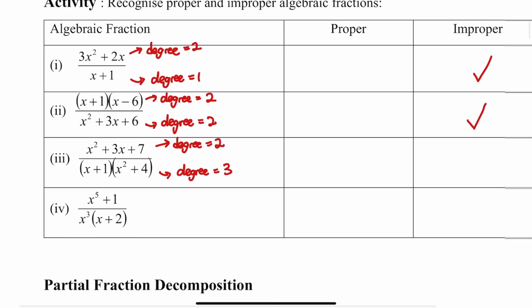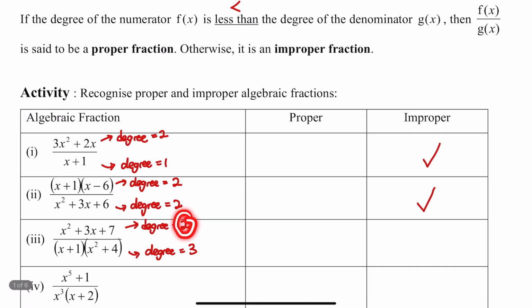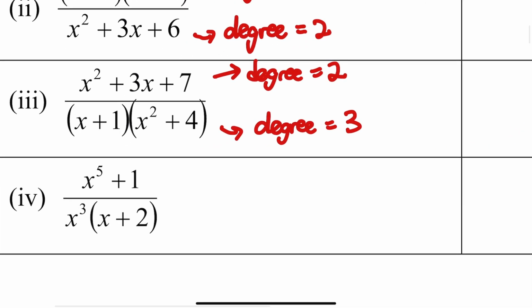So I analyze again. I notice that the degree of the numerator now is less than the degree of the denominator. Therefore, part 3 is a proper fraction. And for the last part, let's look at the numerator. The numerator degree is, you can see directly, equal to 5.